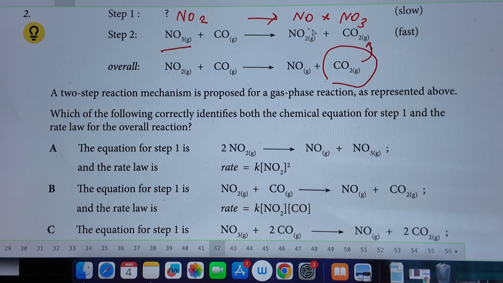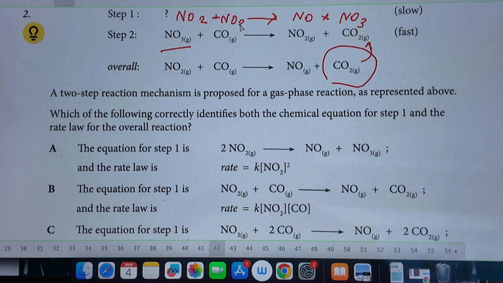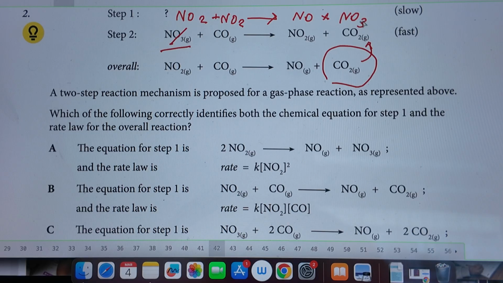And here there is 1 oxygen, and here there is 3 oxygens, so total of 4 oxygens. But here there's only 2 oxygens, and here there's 2 nitrogens. So if we put just whatever's left over, we get NO2 plus NO2 turns into NO plus NO3, right? And that kind of accounts for this NO3 getting canceled because neither of them show up here.